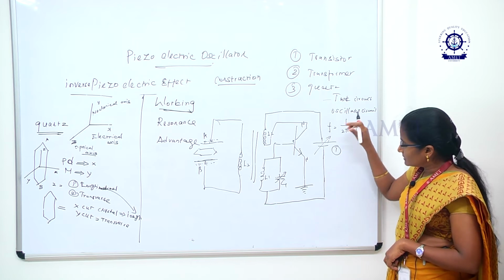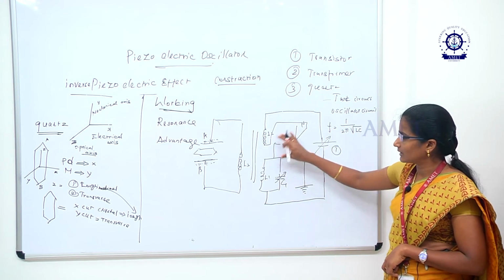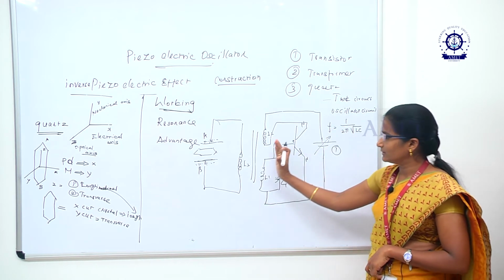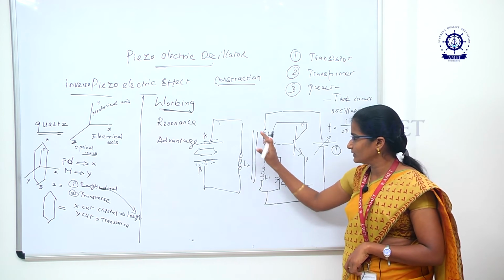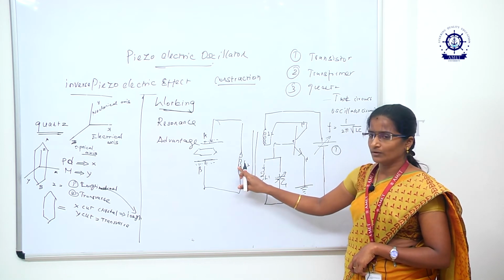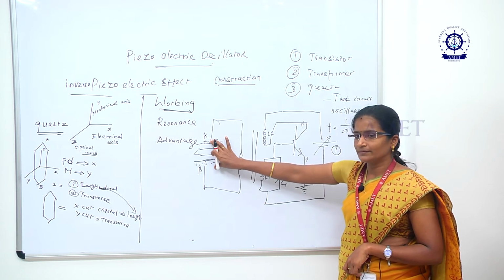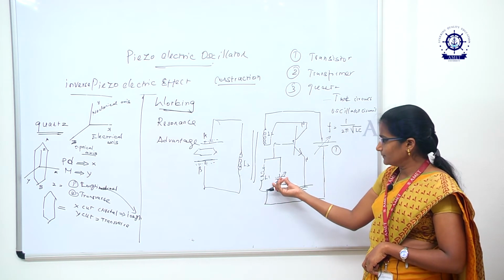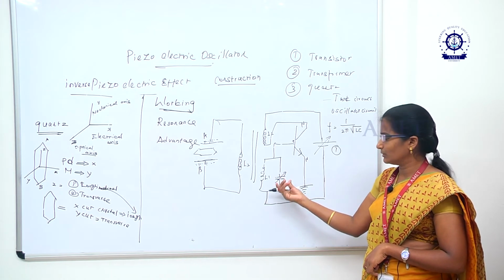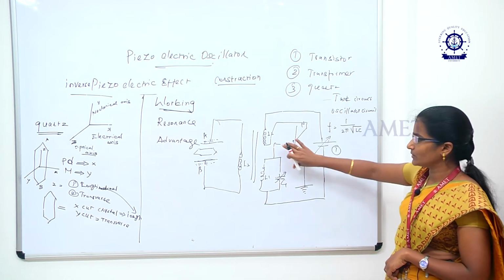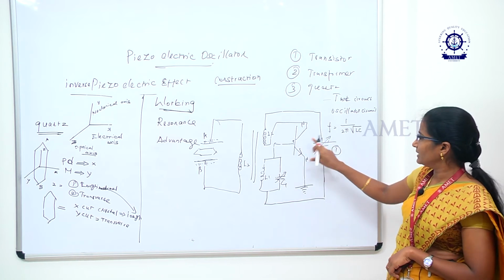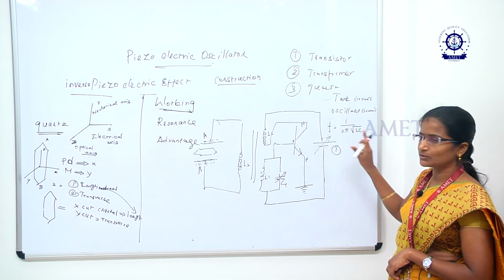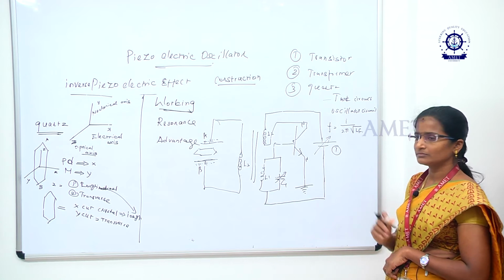At the same time the frequency can be calculated. The frequency of this oscillator circuit is F is equal to 1 by 2 pi square root of L1 C1.